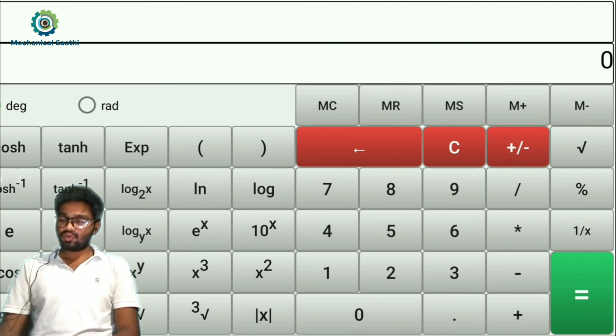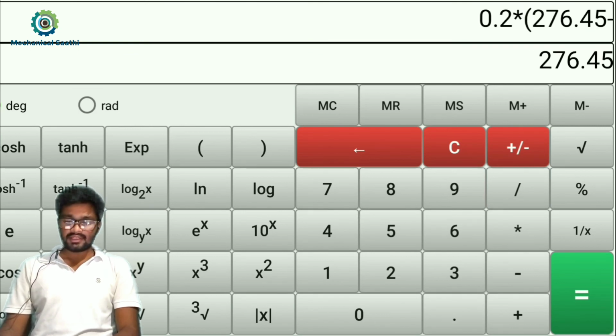Mass flow rate is given to us as 0.2 kg per second into, so let me use the bracket, the enthalpy at point 2 which we just found out, 276.45, minus our enthalpy at point 1 which we calculated before, that was 237.